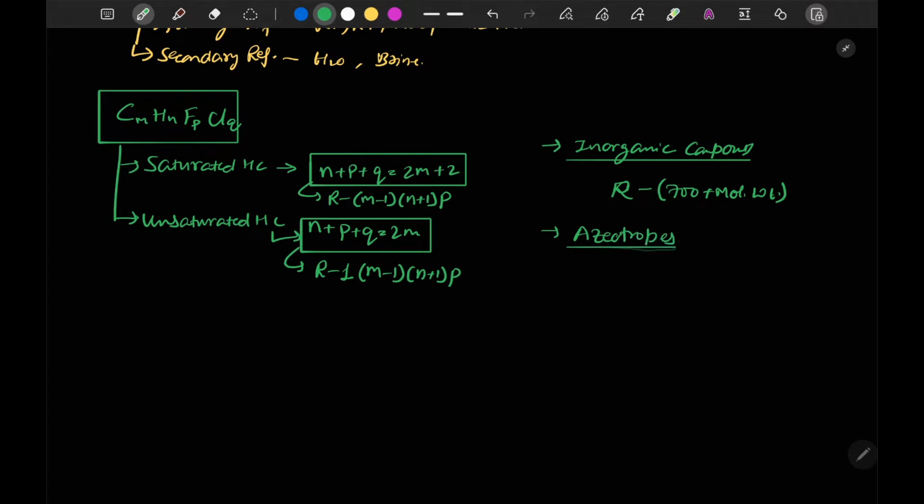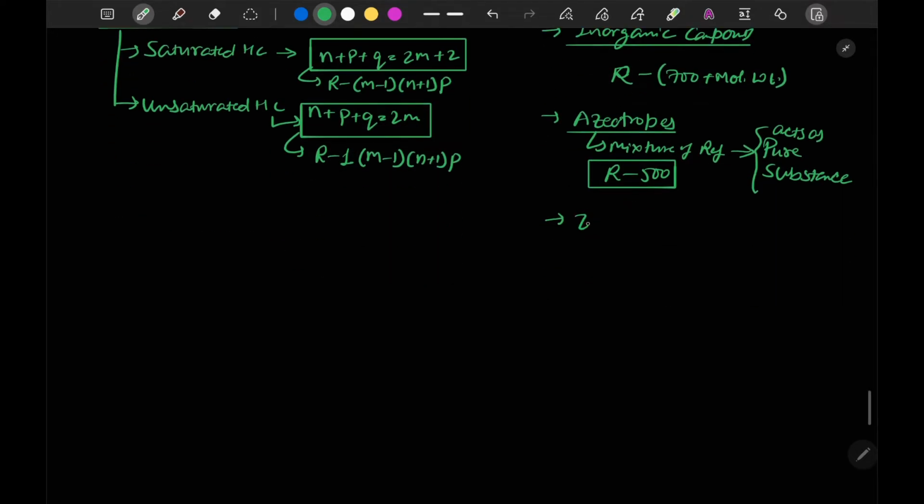Next is azeotropes. Azeotropes are a mixture of refrigerants that acts as a pure substance, and they are represented by the R500 series. Next is zeotropes.